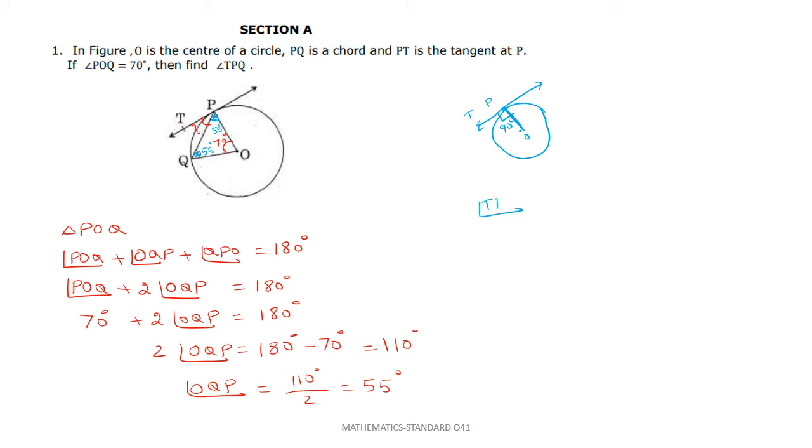Angle TPO is nothing but angle TPQ plus QPO. And what we know here? We know that TPO is 90 degree. TPQ we don't know. QPO, we found that it is 55 degree.